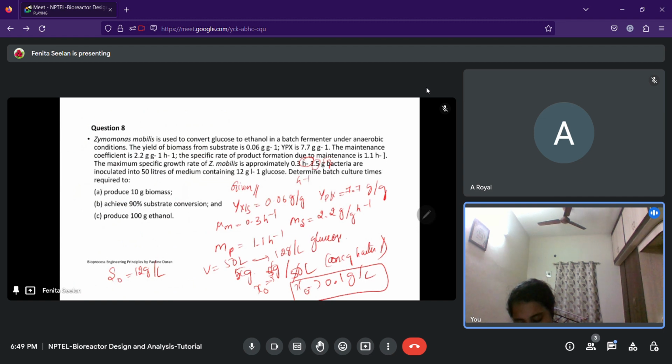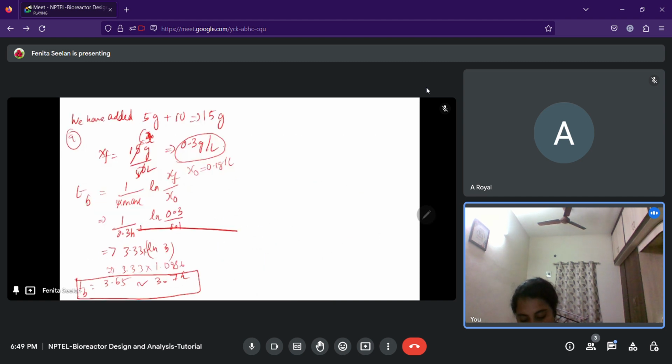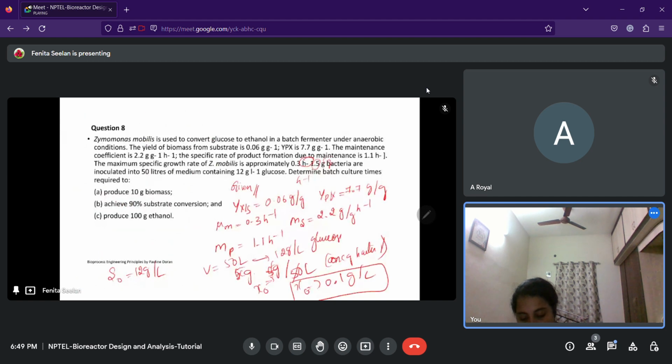We have determined the batch time required to produce 10 gram of biomass from the given values. Now the next question would be: determine the batch culture time required to achieve 90% substrate conversion.